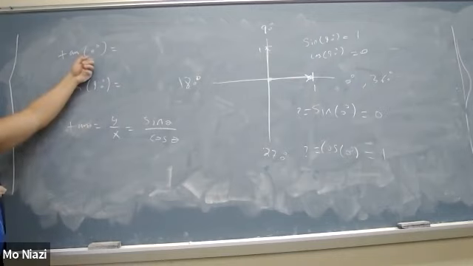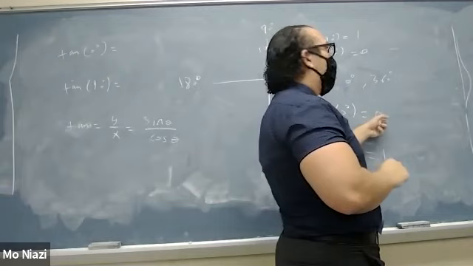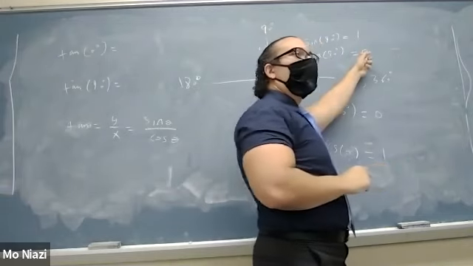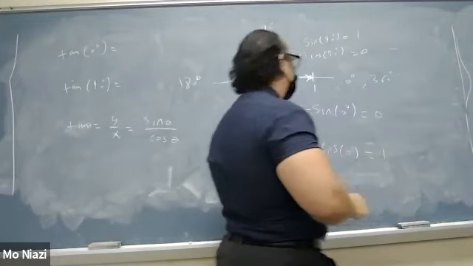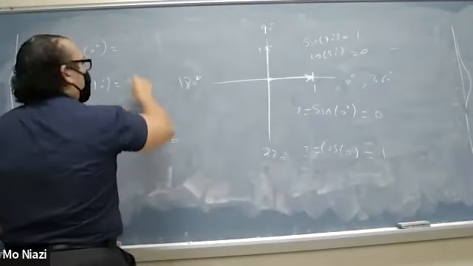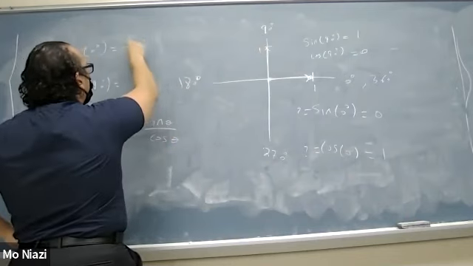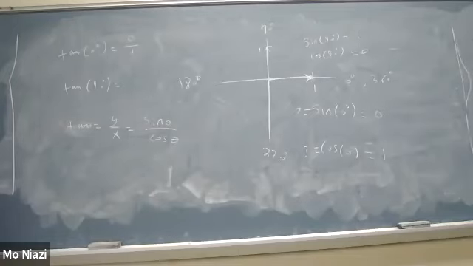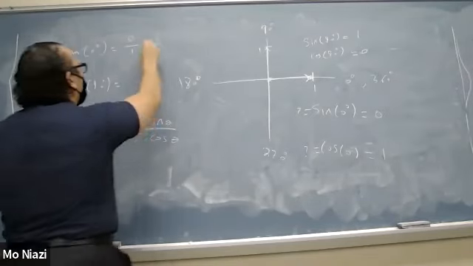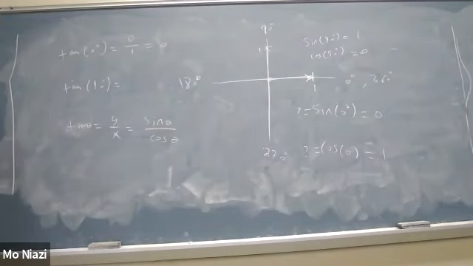So tangent of 0 is sine of 0 over cosine of 0. So what is 0 divided by 1? 0. Well, nothing weird going on yet.